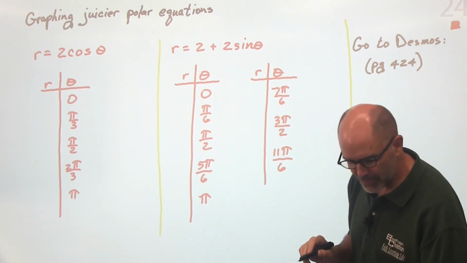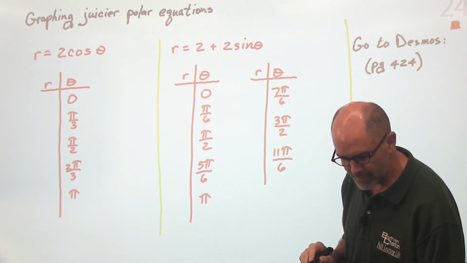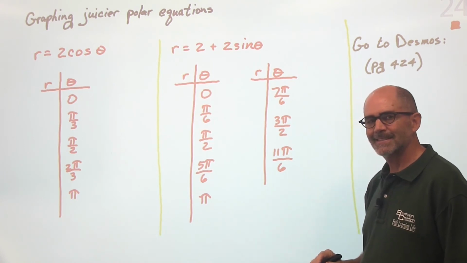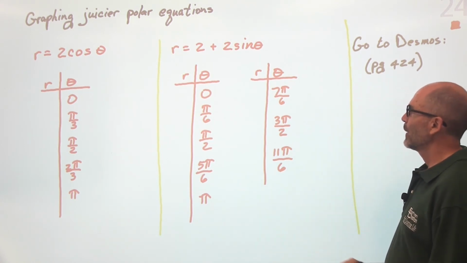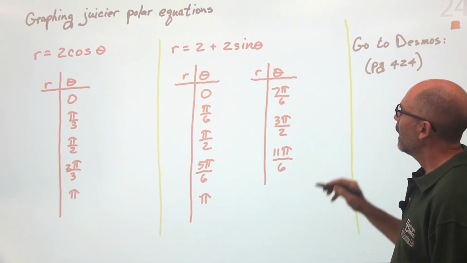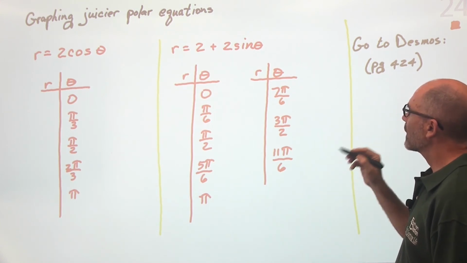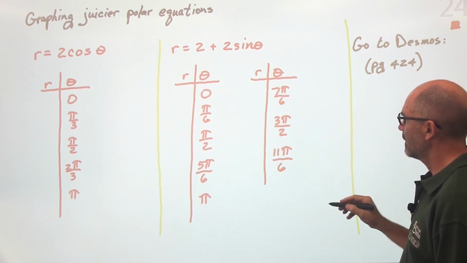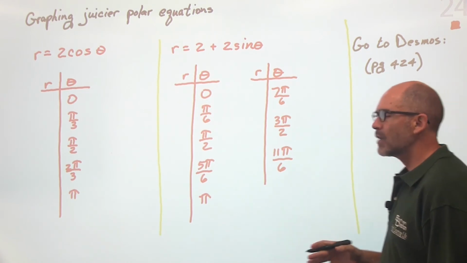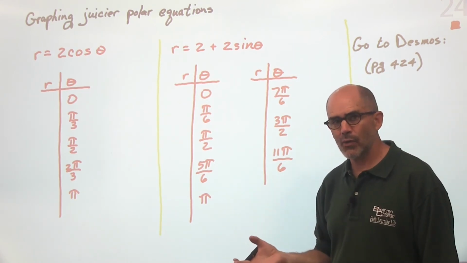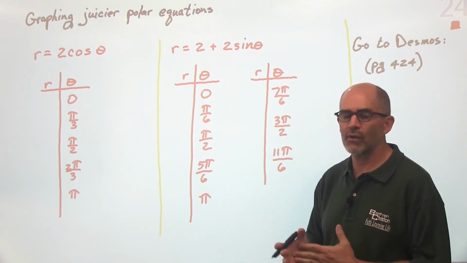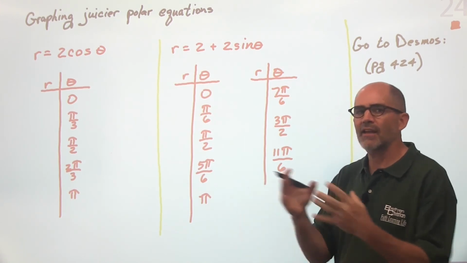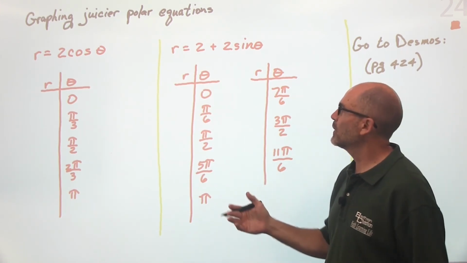Now, let's crank up the juice just a bit. We're going to graph r equals 2 cosine theta. Now, just like graphing rectangular equations when you don't really know what they look like, you pick x's and find y's. Well, we're going to do the same thing here.